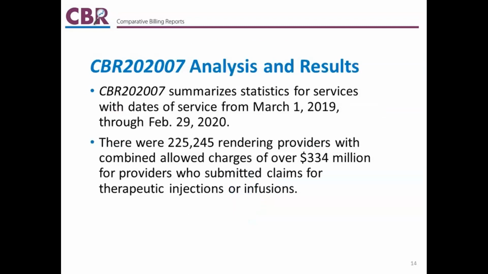To create the CBR 202007 and the metrics within the report, we used detailed information for that data during the CBR summary year of March 1st, 2019 through February 29th, 2020. The results were based on claims extracted for the date range as of May 18th, 2020.